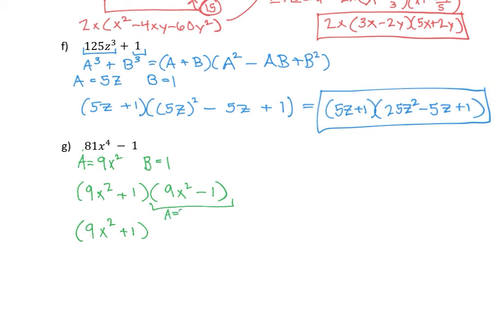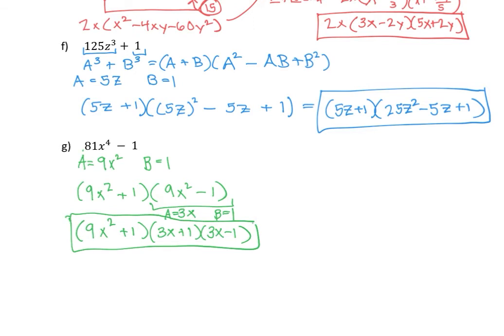So my a is going to be 3x, and my b is going to be 1. So I have here 3x plus 1, 3x minus 1. There we go. We have it all the way factored.